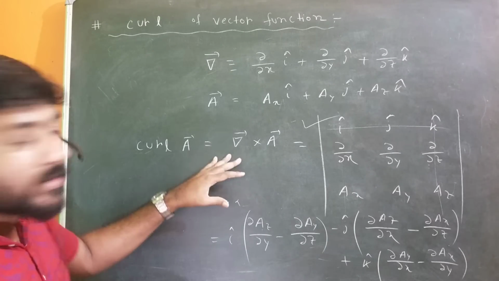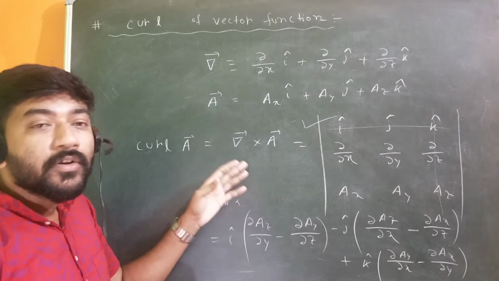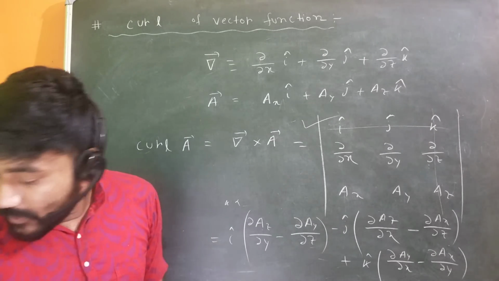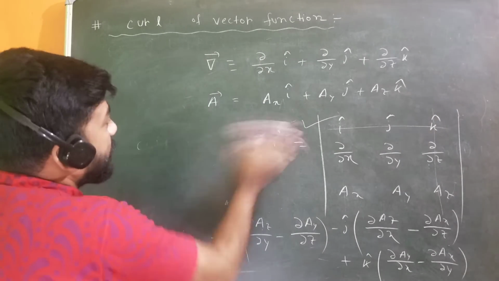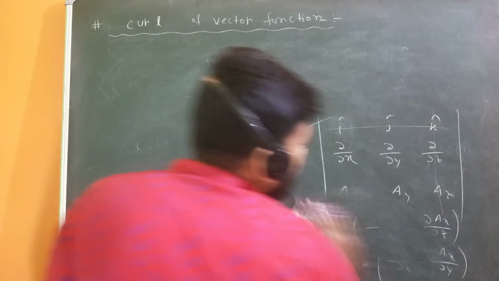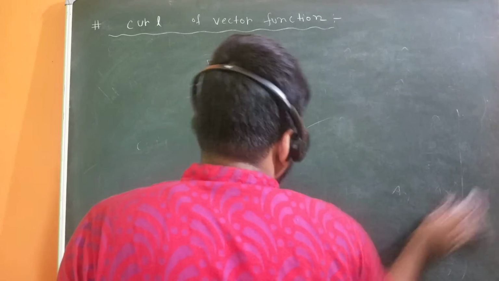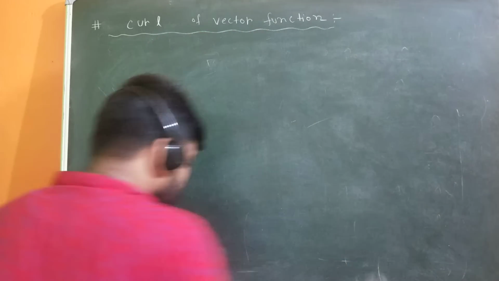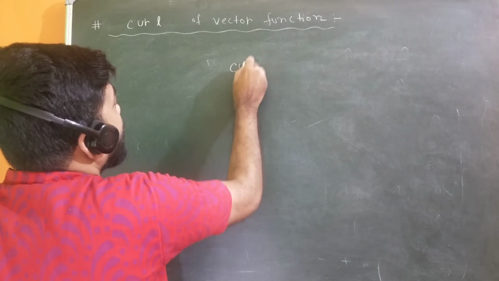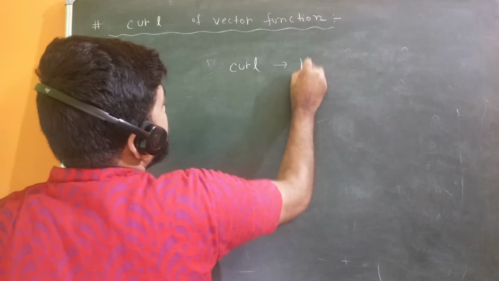But the most important thing is the geometrical or physical significance. The term curl actually means swirl, that is, something is rotating. Curl means a rotational sense.